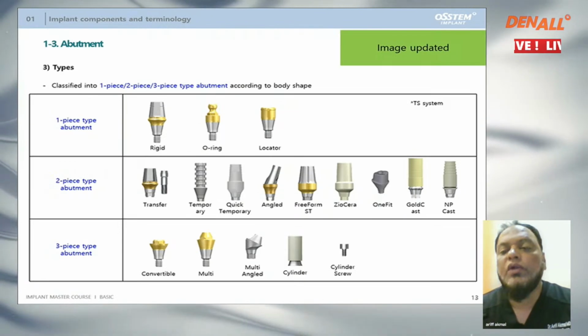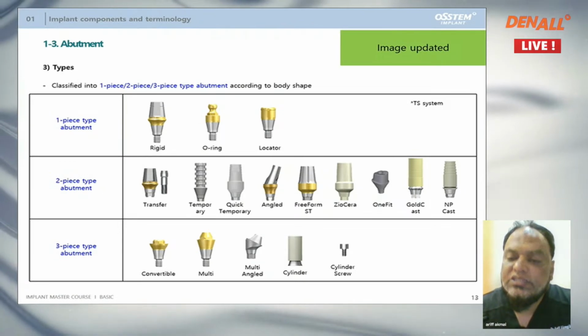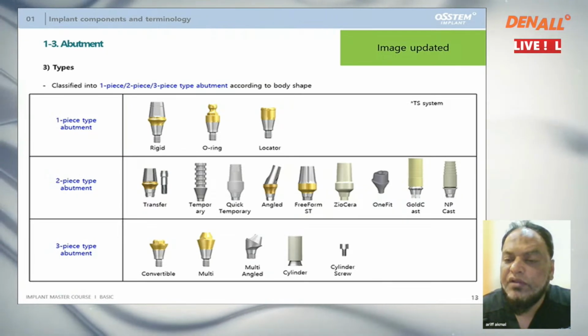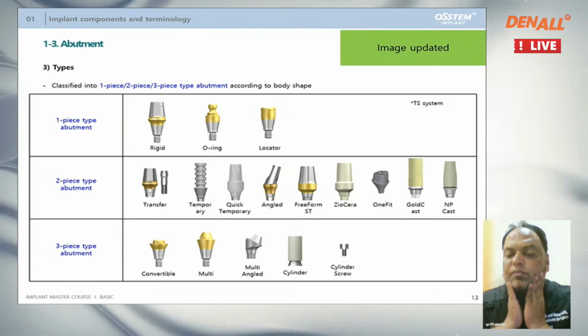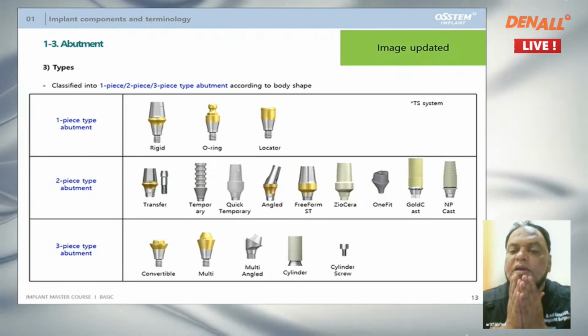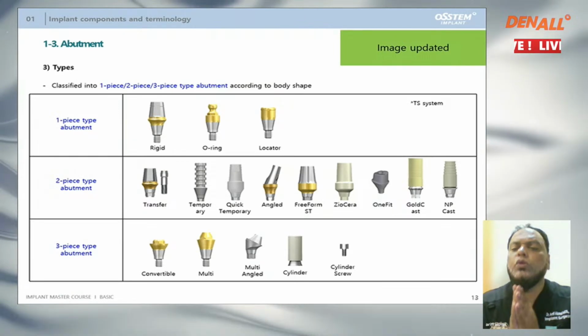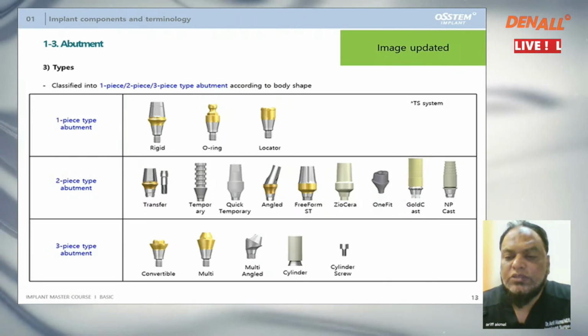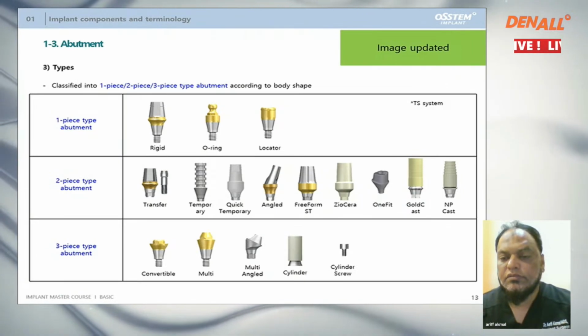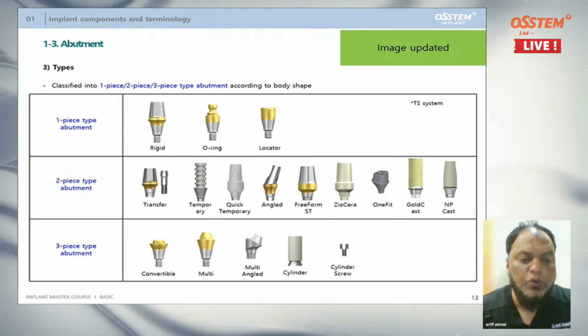O-rings and locators are used for overdentures, stabilizing the dentures with 2, 3 or 4 implants. If you have insufficient bone in the posterior mandible, and have bone only in the anterior mandible, in the symphysis region, you can place 2 implants, place an O-ring abutment or a locator abutment, and stabilize the denture.